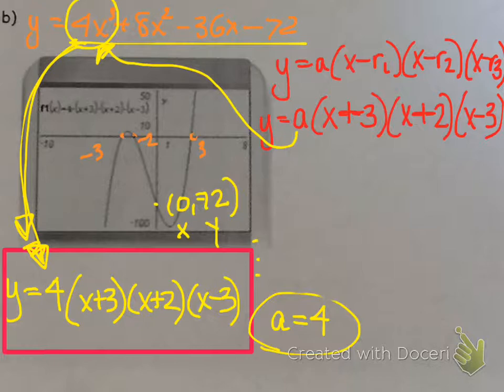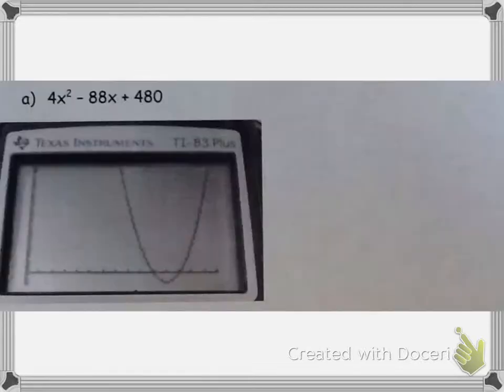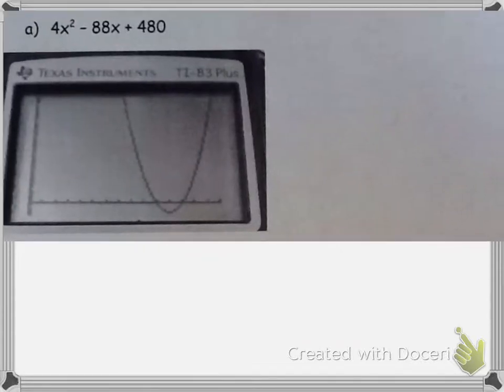So that brings us to our next example, example C. Example C says, write each polynomial as a product of factors. So that first graph, it looks like we can pretty much count those. So let me get that up here. All right, this is the first one.